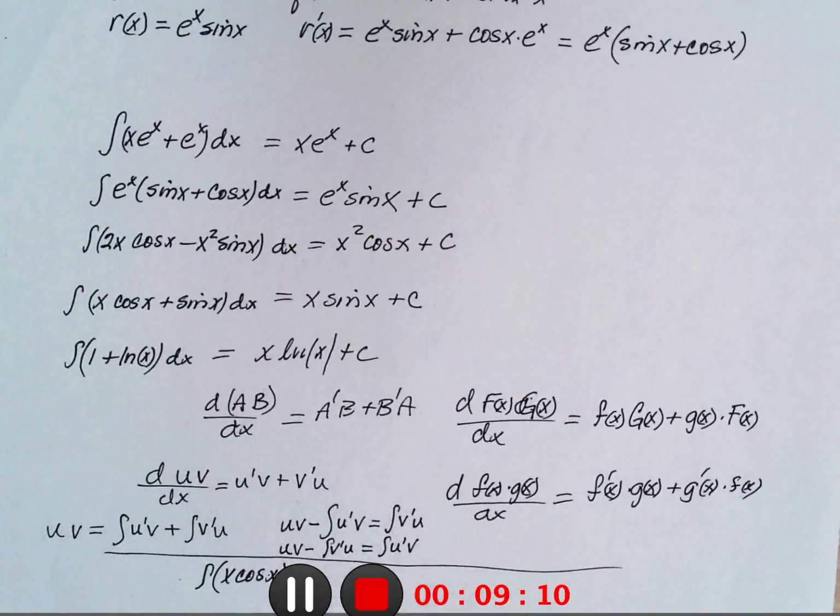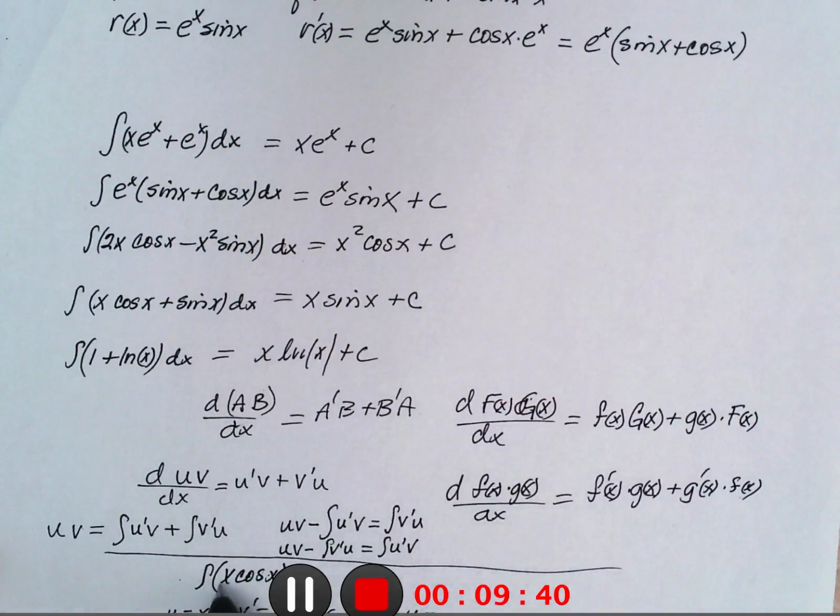So we're going to look at this problem, and we have a choice of either letting U be x and V prime being cosine x dx. Let V prime be this part, and U be this part. Or we could let U be cosine x, and V prime be x dx.